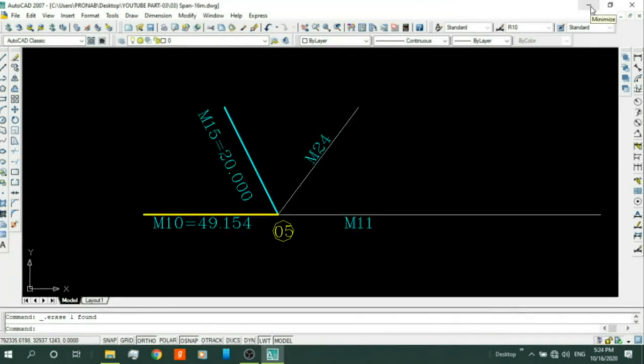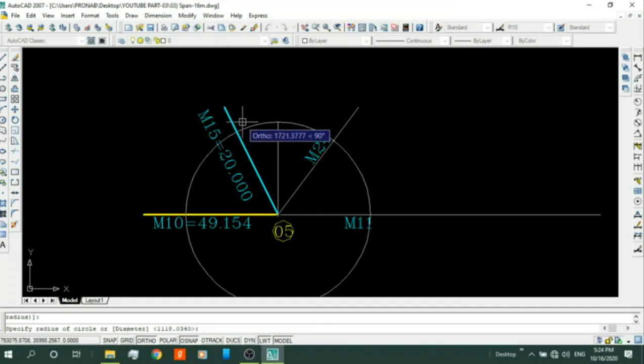Now I'm going to analyze the forces on the members associated with joint number 5. We know M10 is equal to 49.154 and M15 is equal to 20 kilonewton. Now draw a circle of radius 2000.